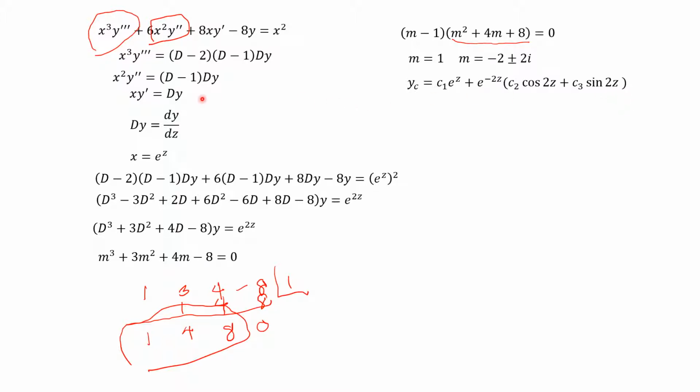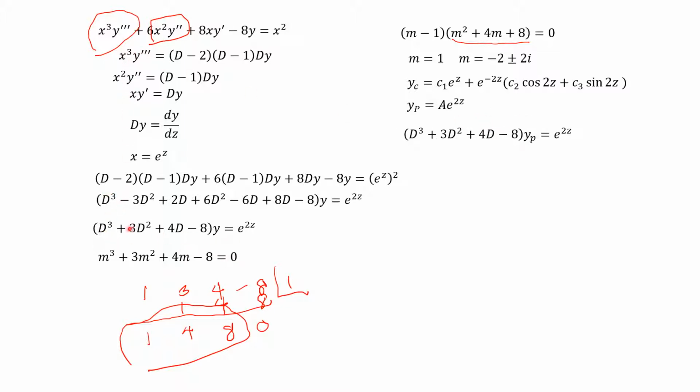Remember that our dy is the same as dy dz. Now to get the particular solution for x squared, your e to the c is e to the 2c. So our particular solution based on the method of undetermined coefficients is yp is a e to the 2c. And then plug it in this equation here.